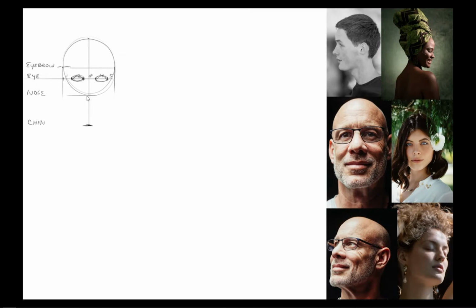And then from there, this is our nose, and general proportions basically mean from the center of the eyes down is the nose. With that in mind, we're going to divide this bottom third into thirds, and that is going to give us the mouth shape. So it's mouth and chin. And again, these proportions work in many different forms.